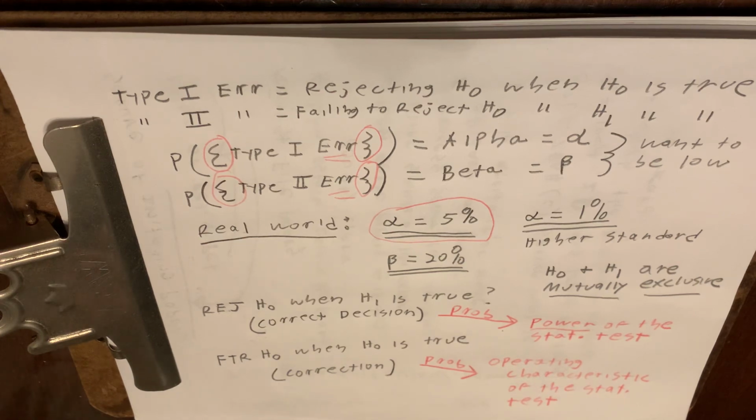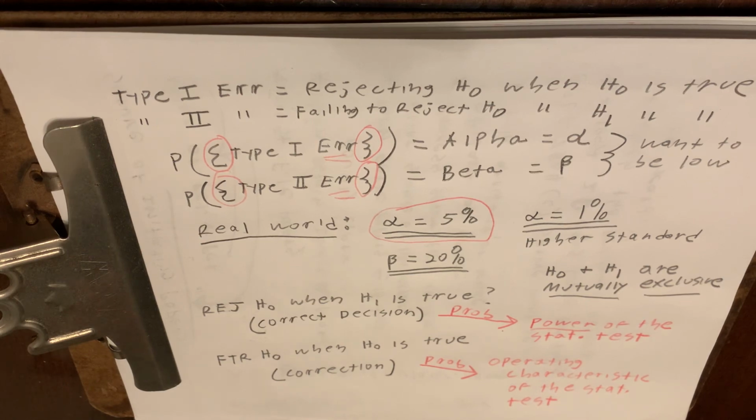And in a Stats 1 class in college, you'll learn how to actually calculate them. High school, probably not. And there are also two types of correct decisions. And we can calculate the probability of those correct decisions. One probability is called the power of the test, and the other one is called the operating characteristic of the test.